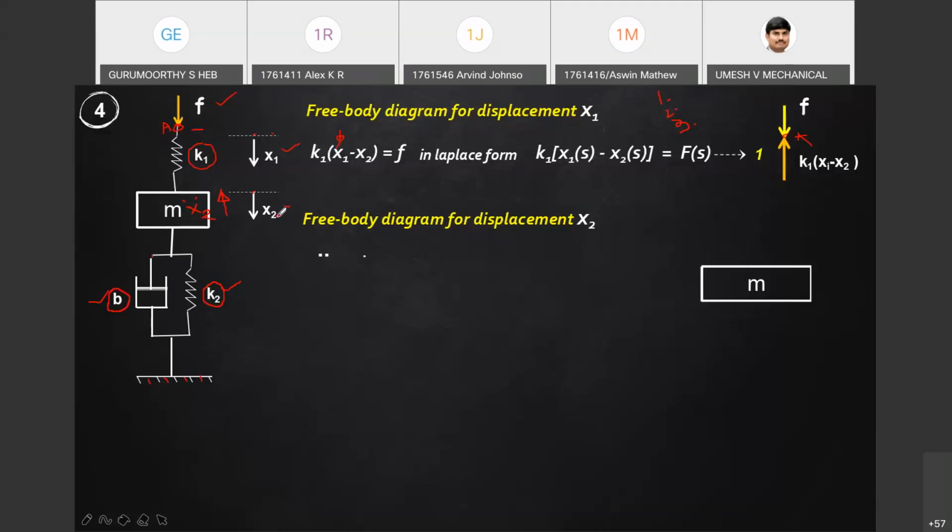Take only displacement X2, the damping, and inertia. So write those three forces.